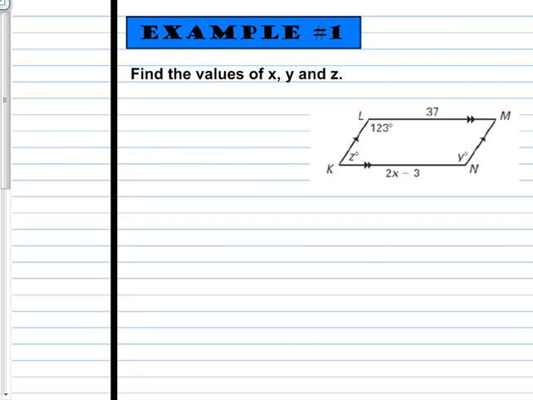Example 1. Find the values of x, y, and z. So let's look first at x. Is this a parallelogram? Well, yes it is, because this side is parallel to that side, and this side is parallel to that side. So since I know it's a parallelogram, what can I assume about that side and that side?